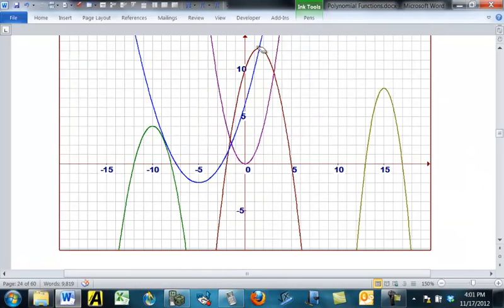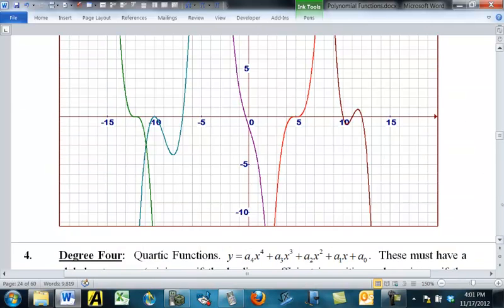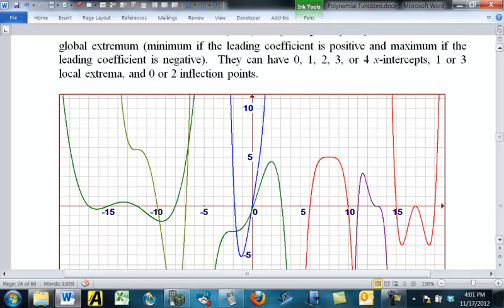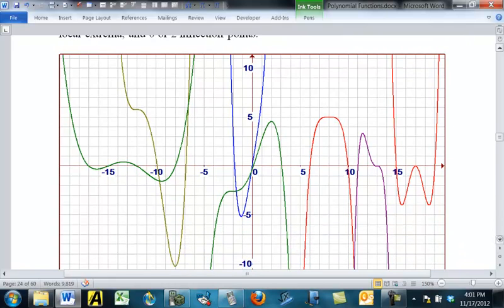So either an absolute maximum or an absolute minimum. These are also going to have a global min or max. Might be a tie like this one for a minimum. Here's a max, there's a max, minimum, minimum on this one. So the range, for example, for this one is whatever this y value is on this minimum, up forever.